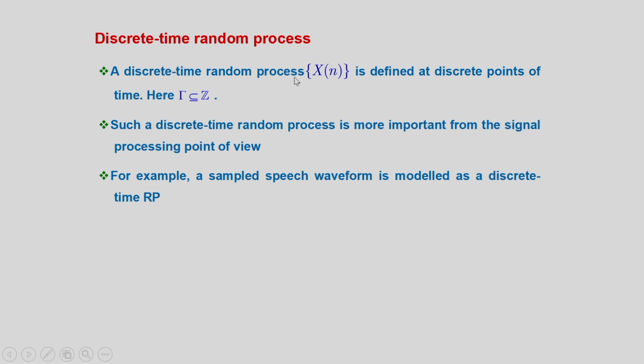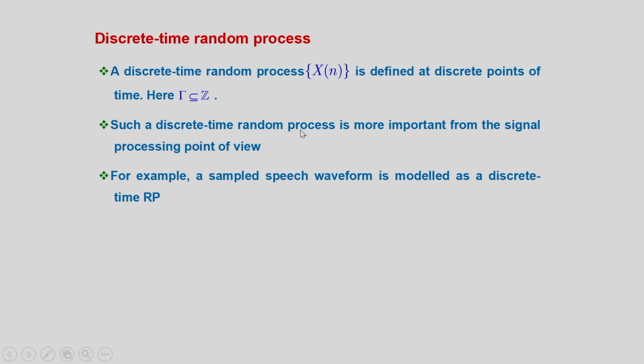Our concern is discrete time random process. A discrete time random process x[n] is defined at discrete points of time. So, here the index set tau is a subset of Z, where Z is the set of integers. So, on integer points the random variables are defined.